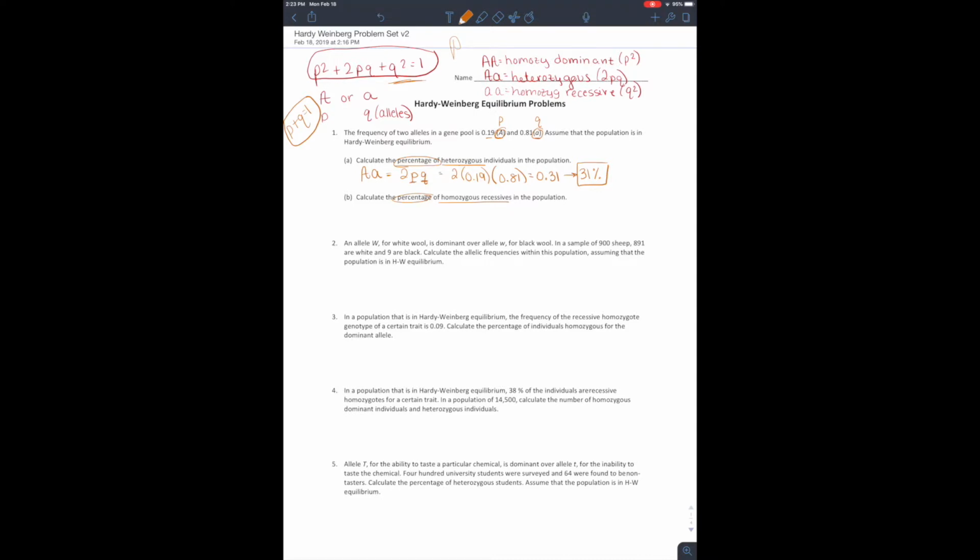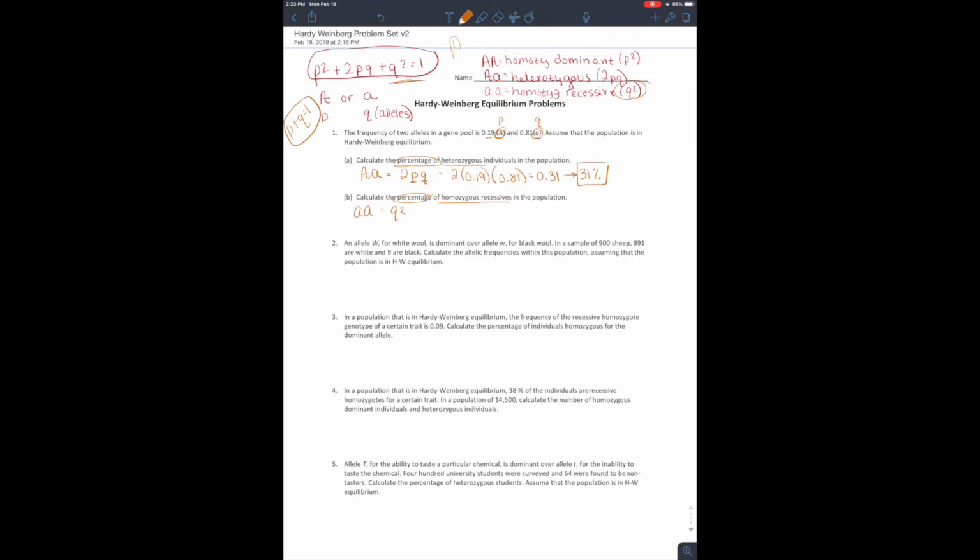Now we're not done, because it also wanted us to calculate the percentage of being homozygous recessive in the population. To be homozygous recessive, you should be little a, little a, and that is represented by q squared in our equation.